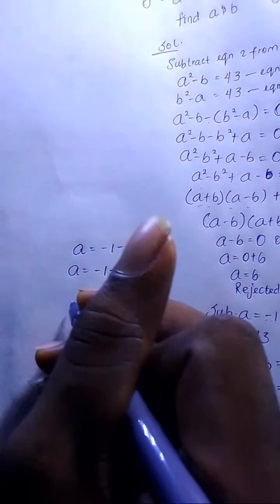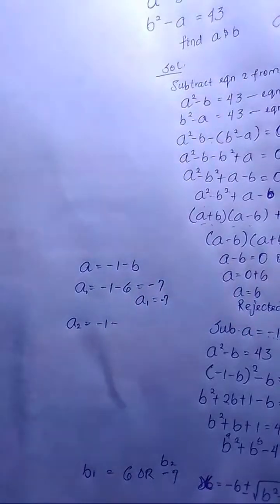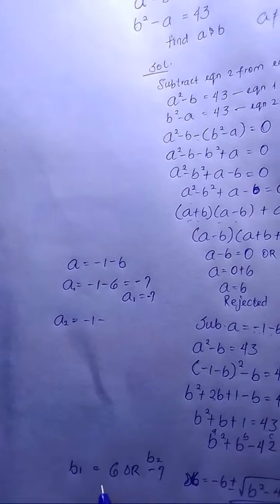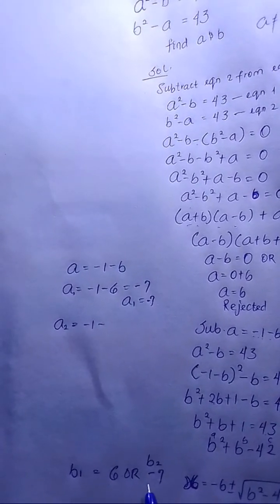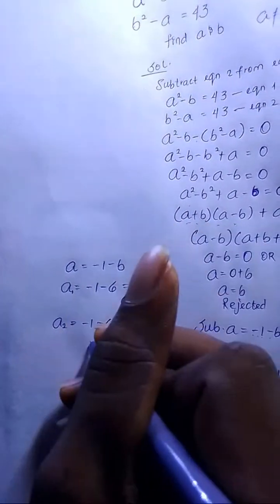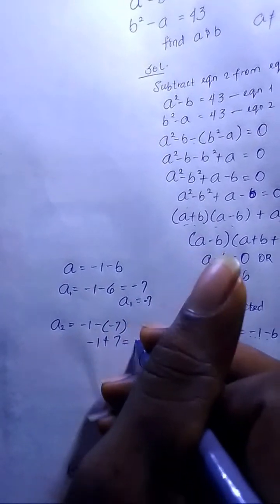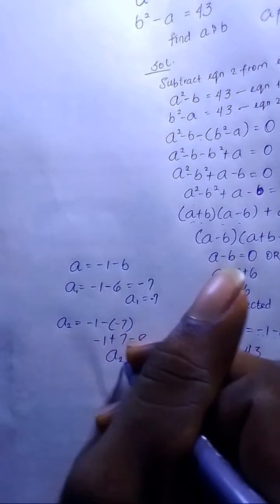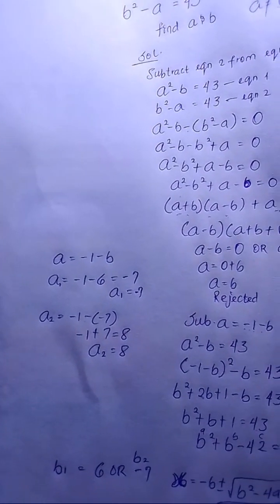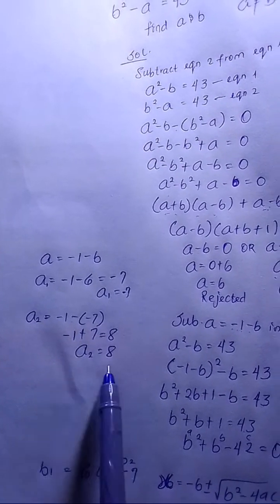While for A2, minus 1 minus B, and for B2 this is minus 7, so minus 1 minus minus 7. Minus and minus is plus 7, so 7 minus 1 gives us 8. So A2 equals 8. So A1 equals minus 7 and A2 equals 8.